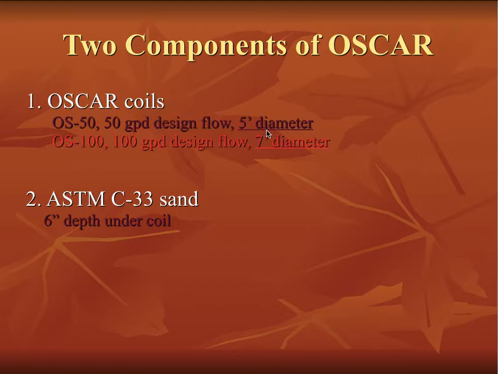The 5-foot is referring to the diameter of the coil, which is important later on when we get into the nitty-gritty of the design. And an OS50, or a 5-foot coil, can handle a 50-gallon per day design flow. An OS100 can handle twice the design flow, which is 100 gallons per day, and we also refer to it as a 7-foot coil because it's 7 feet in diameter.